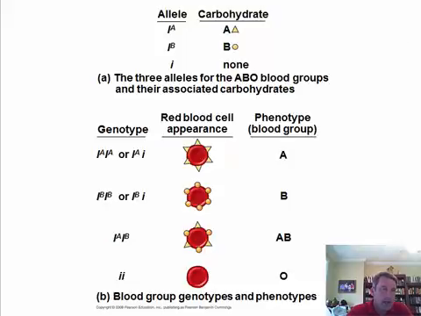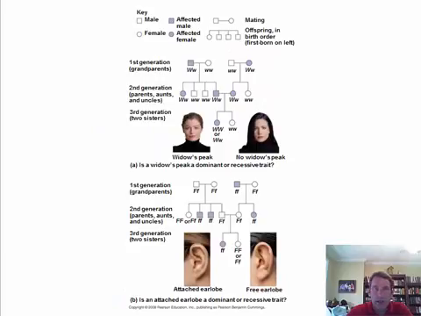Now, in tracking this, we can do what's called a pedigree. A pedigree is when we trace one particular trait down through a number of generations. Pedigrees are important, especially when looking at medical histories in the past. You can track some of these through pedigrees.